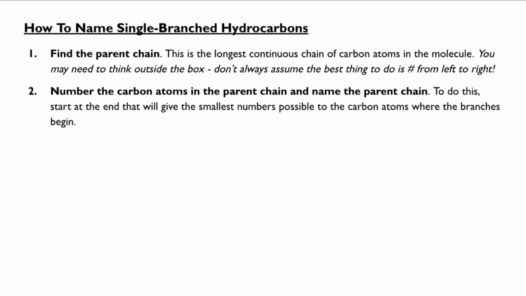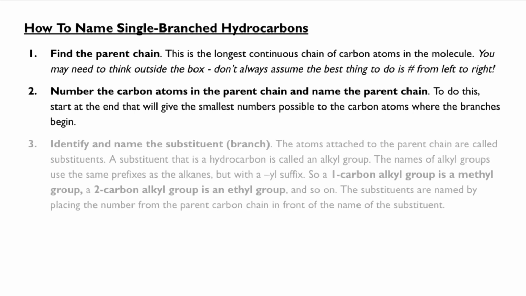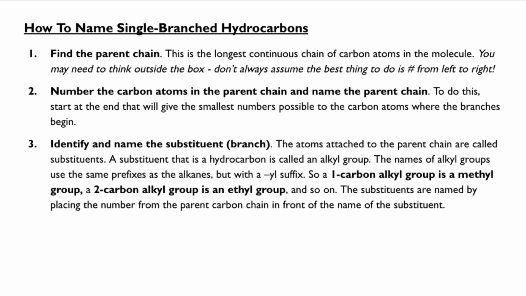The next step is to number the carbon atoms in the parent chain and name the parent chain. When you number the carbon atoms, start at the end that will give the smallest numbers possible to the carbon atom where the branch begins. Next, you're going to identify and name the branch, otherwise known as the substituent. The atoms attached to the parent chain are called substituents. A substituent that is a hydrocarbon is called an alkyl group.